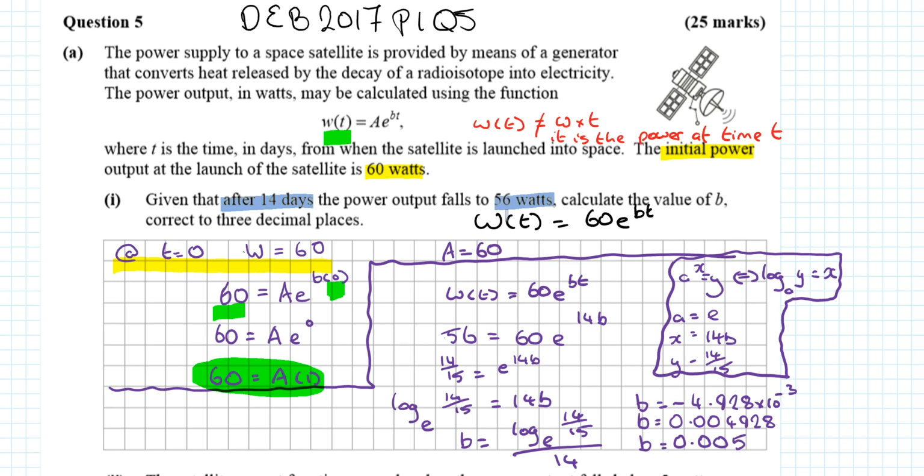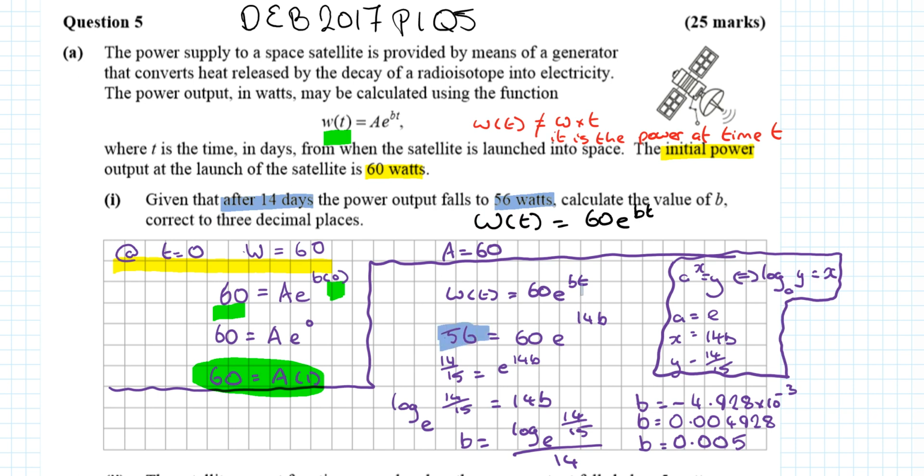I think there's another question that's similar to this that says it falls by 56 watts. So then the final output, the final wattage, would be 4 watts. So just be careful of that word there. It says 56 watts. So we're happy that it's going to be 56 here on the left-hand side.